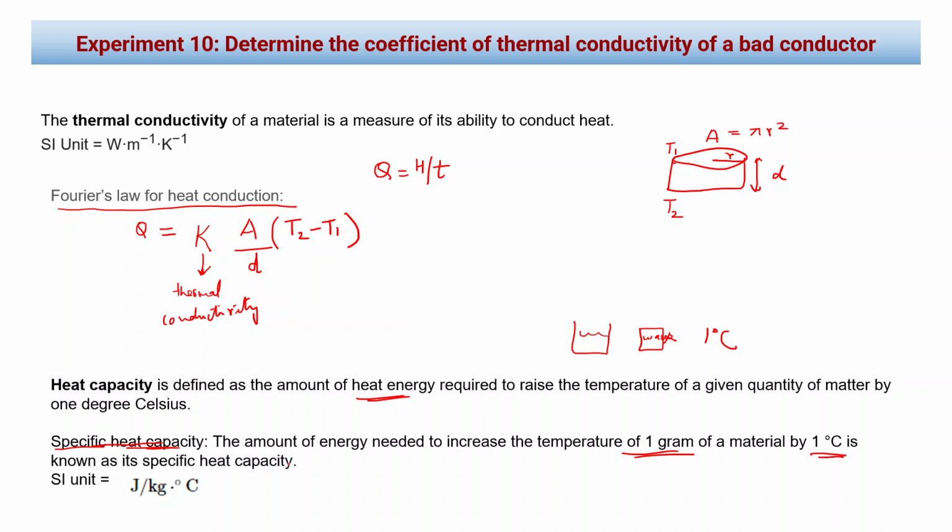So when we talk about heat capacity, we are not defining the amount of material, but when we talk about specific heat capacity, we are defining the amount of the material, which is 1 gram. That's why this value is constant for a particular material. The unit here is joule per kg degree centigrade, or we can also define it as joule per kg Kelvin.